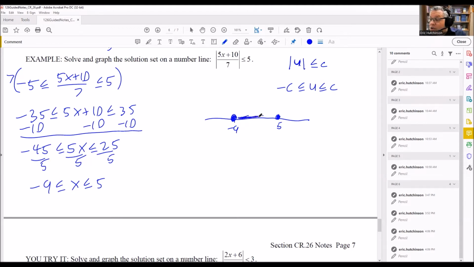In other words, your answer is in between negative 9 and 5. Now, if it asks for interval notation, you would have negative 9 to 5, and both of these would have brackets. You'd only have one interval here because there's only one thing shaded on the number line graph.